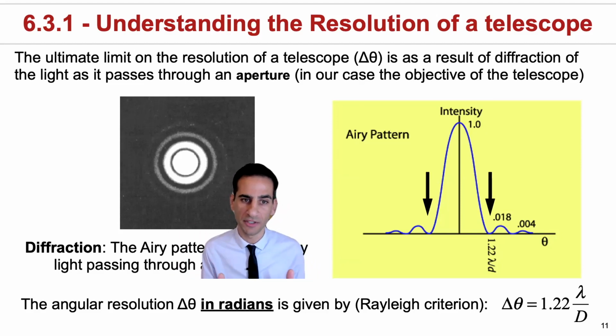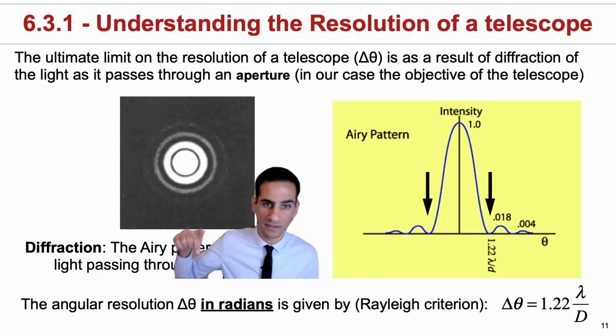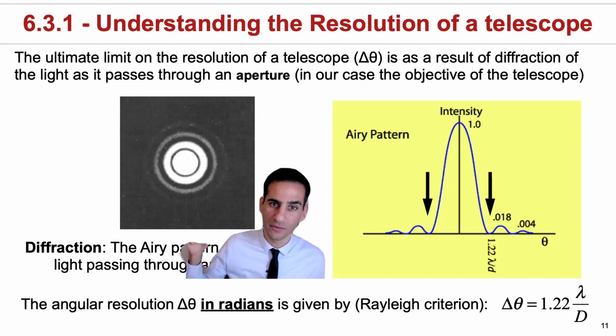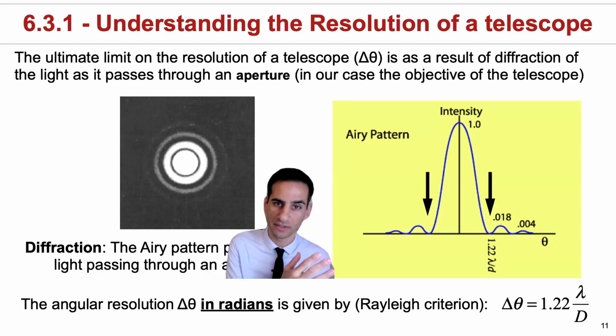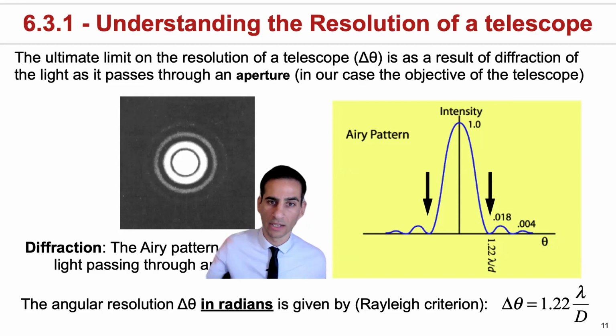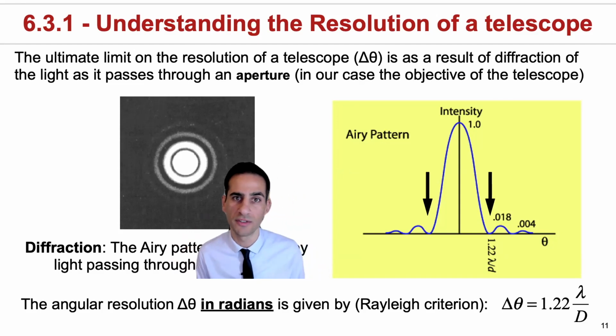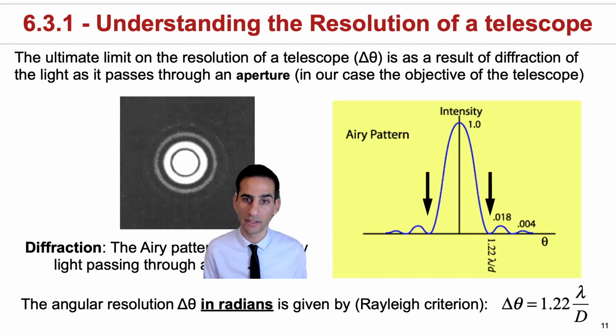And this establishes the angular resolution, delta theta, in radians. This is incredibly important. It is in radians because lambda and d will be in the same units. This is a unitless quantity, and in this case, we will be measuring the angle in radians. And this, which we'll use in Physics 263, is also called the Rayleigh criterion.